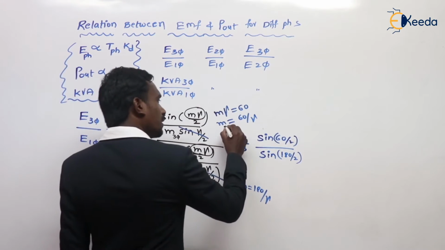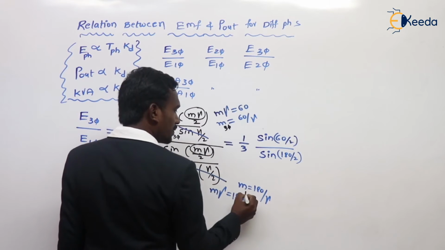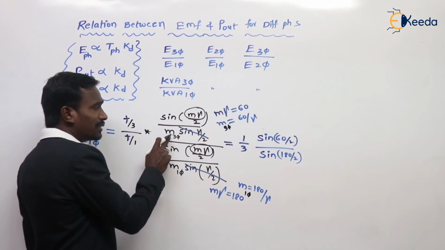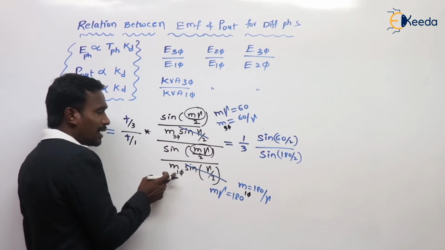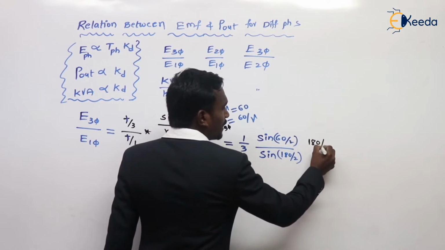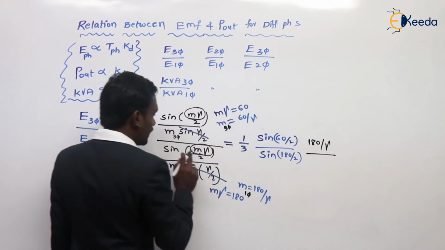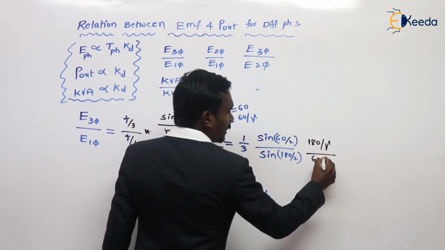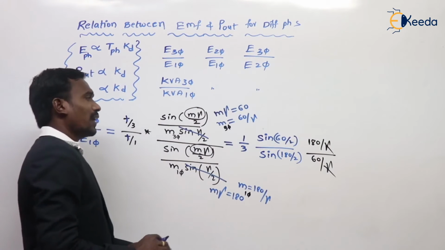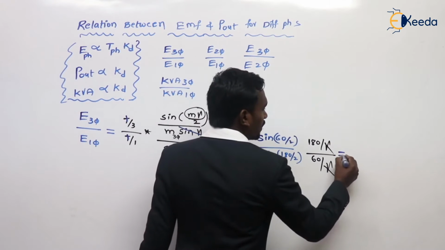This is m three phase and this is m single phase. M three phase is in the denominator and m single phase is in the numerator. Gamma is the same. So finally, what is the answer?